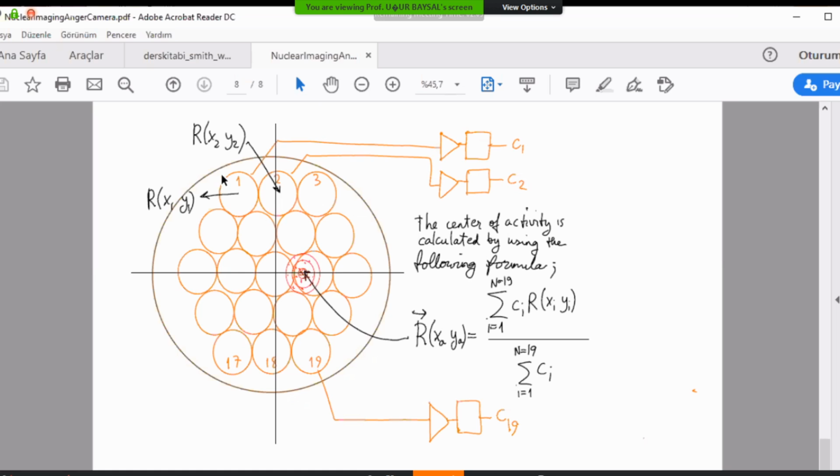So from all counts from all tubes, you can calculate the x and y coordinates of each scintillation point. That's the reason: if we considered only this tube, then we would mark the center of the tube as the scintillation event point. But if we consider all the tubes, then we can accurately find it by using this equation.